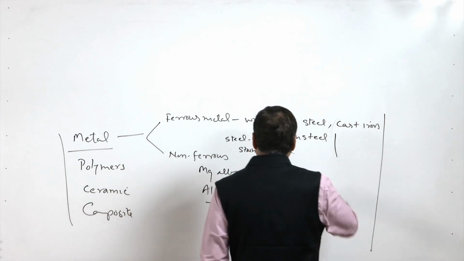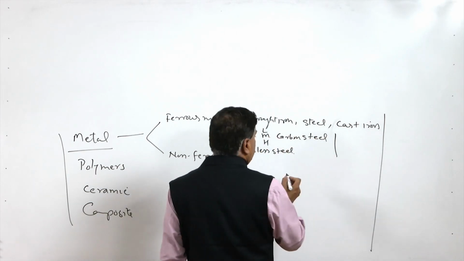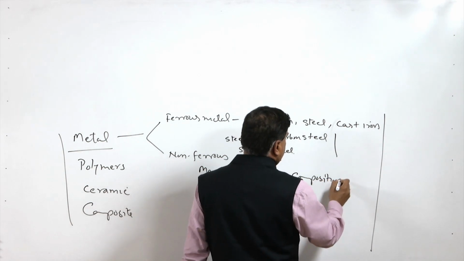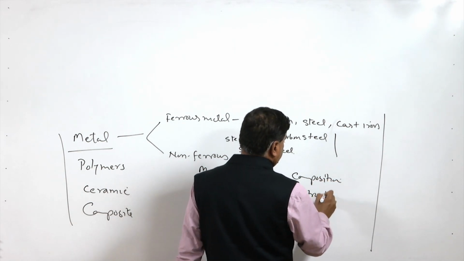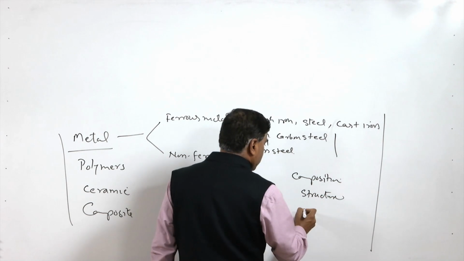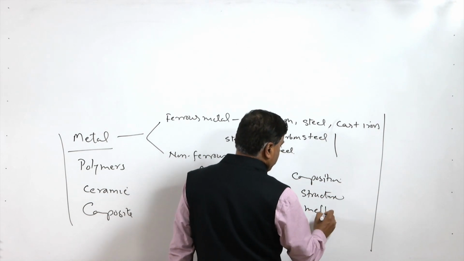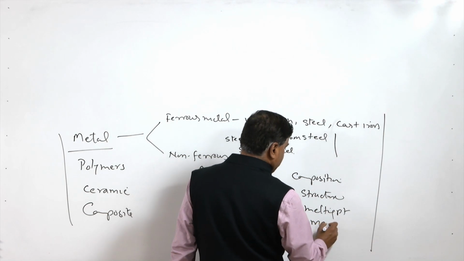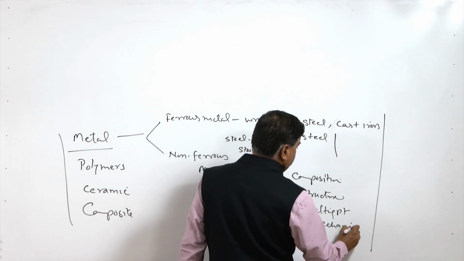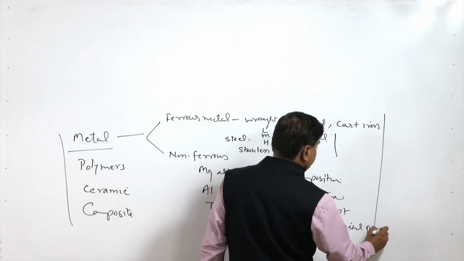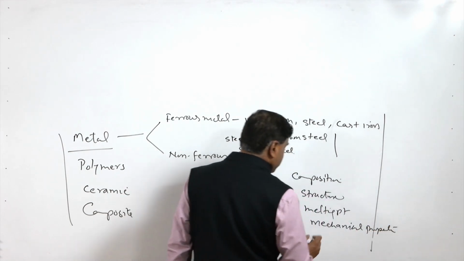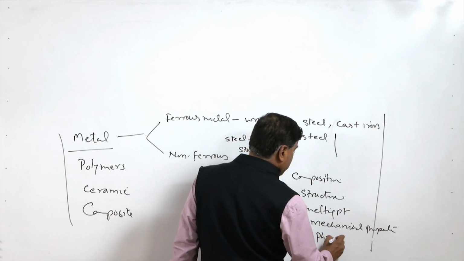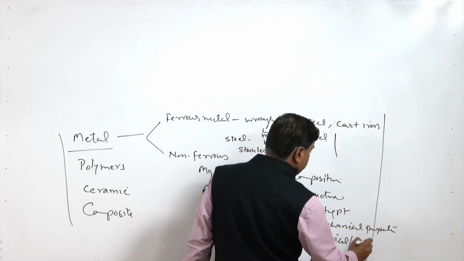So, since each metal system will be of a particular composition, which will have a particular kind of structure, it will have its own melting point, its own mechanical properties, and its own physical and chemical properties.